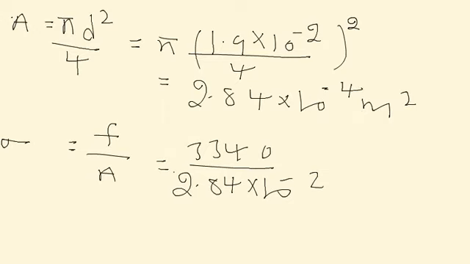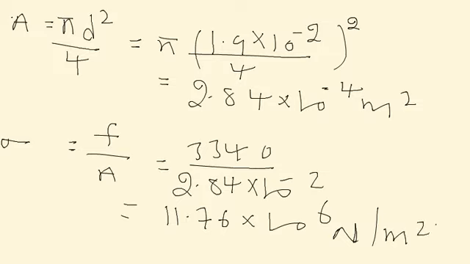This is equal to 11.76 times 10 to the power of 6 Newton per meter squared. We can represent the stress in terms of megapascals: 11.76, where the power of 6 means mega, and 1 Newton per meter squared is the same as a Pascal. So we have 11.76 megapascals.